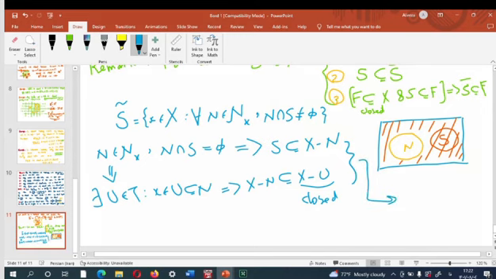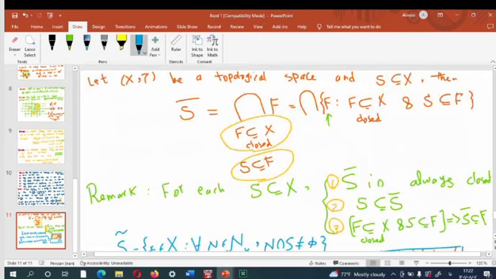By these two relations, S is a subset of this closed set, so this is one of the closed sets we use in the definition of the closure of S.